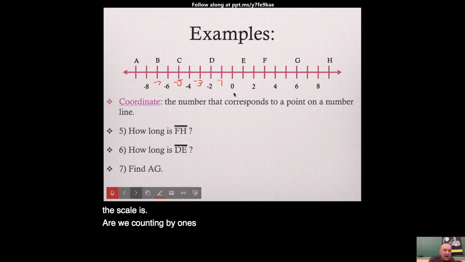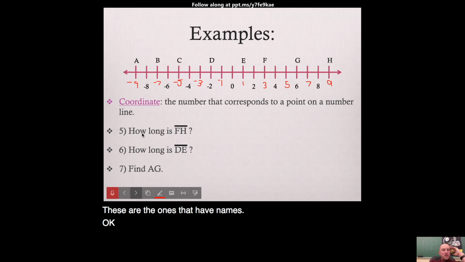Are we counting by 5s? Are we counting by halves maybe? Okay, well, on our number line, we are counting by 1s. So there's infinitely many numbers and points on this number line. These are the ones that have names.